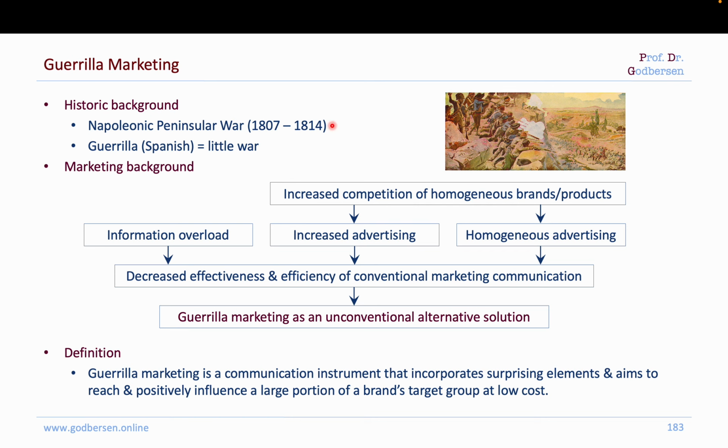Napoleon Bonaparte thought it is a good idea to conquer Spain and put some of his relatives on the Spanish throne. So he did, and the Spanish forces were no match for the strong French Grande Armée, so the Spaniards lost. But the Spaniards were not happy to be under French occupation, so they launched guerrilla war, which is Spanish for little war.